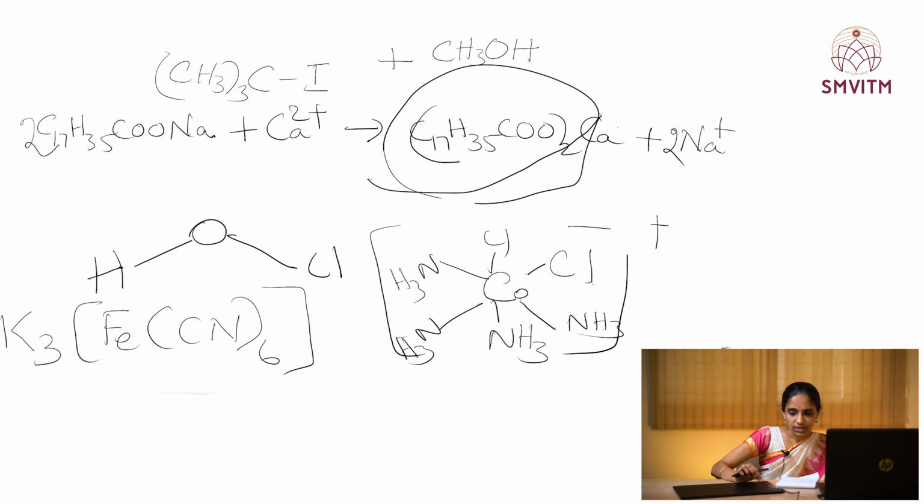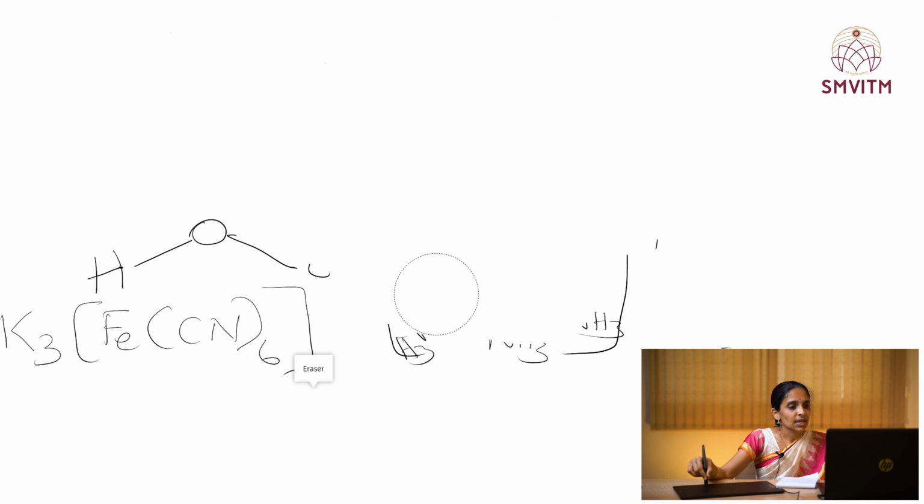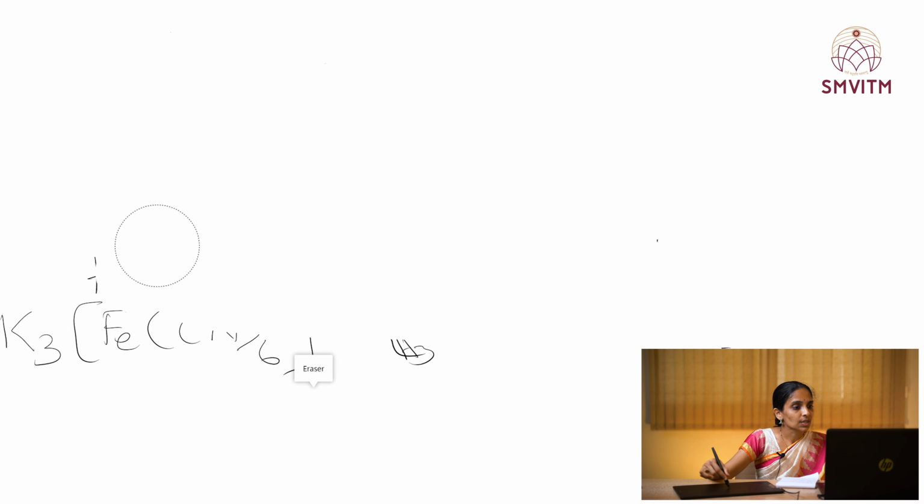Let's write the product. You have to give actually the full equation, but let me now write just the product and let me name it. Benzaldehyde and acetophenone are reacting with each other in the presence of dilute alkali. So the product that you get is, this is the benzaldehyde group.